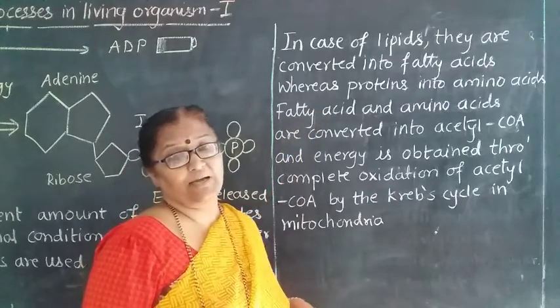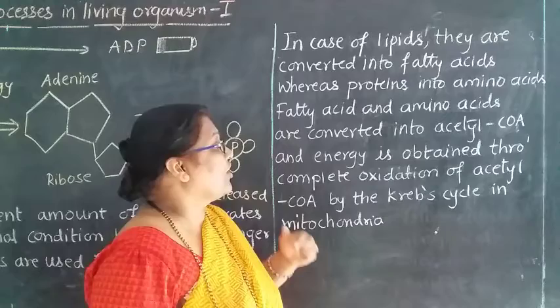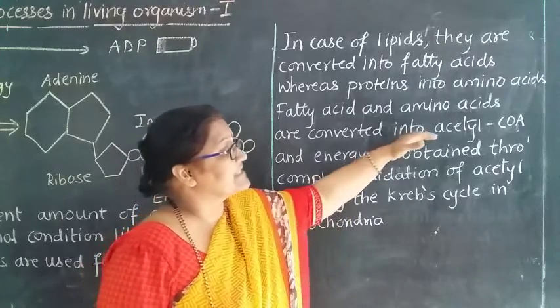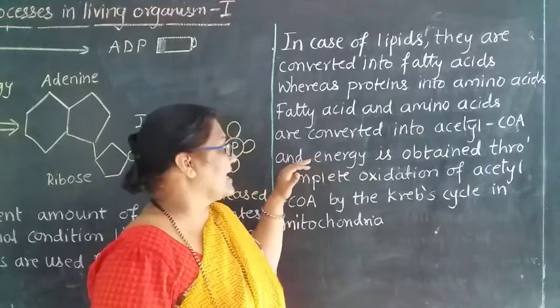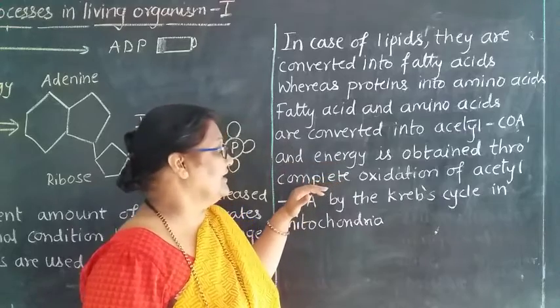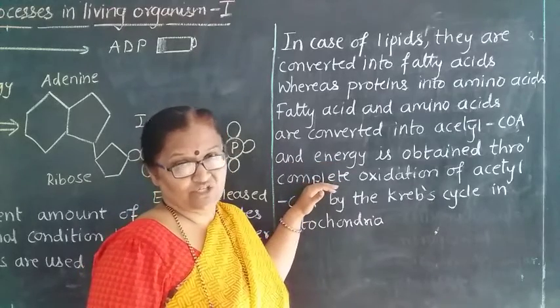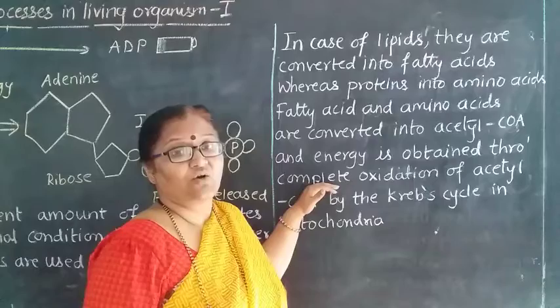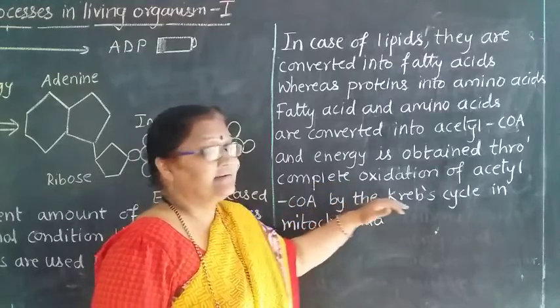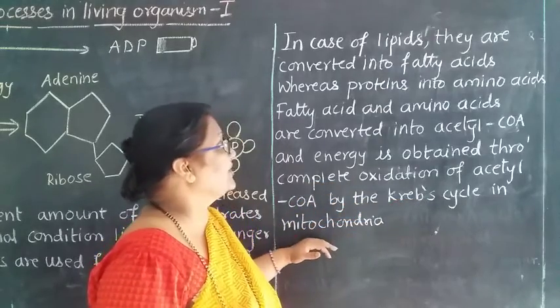Fatty acids and amino acids are converted into acetyl coenzyme, and the energy is obtained through complete oxidation of this acetyl coenzyme by the Krebs cycle, which is present in the mitochondria.